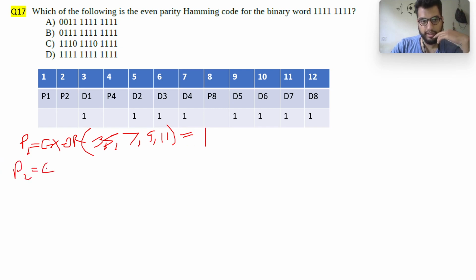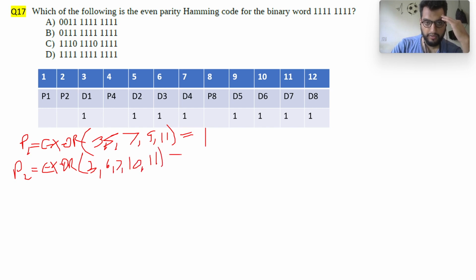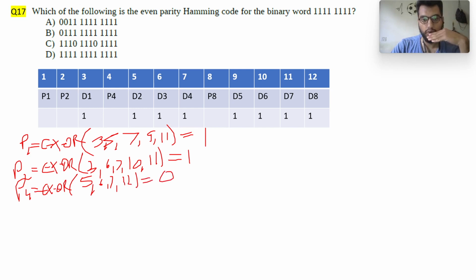P2 is XOR of 3, 6, 7, 10, 11. Again 5, so 1. P4 is XOR of 5, 6, 7, and 12, with 0.